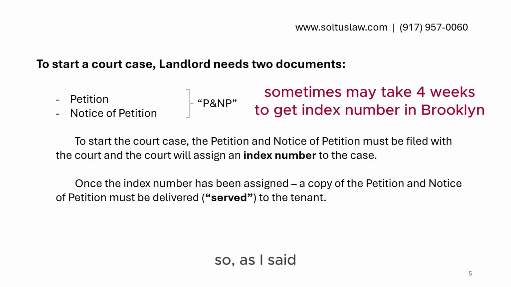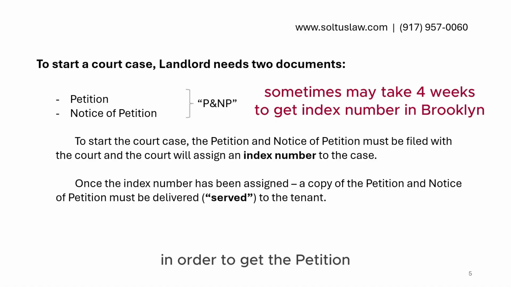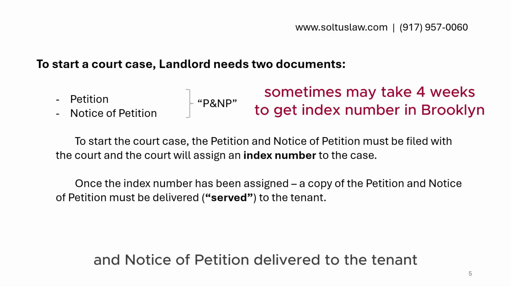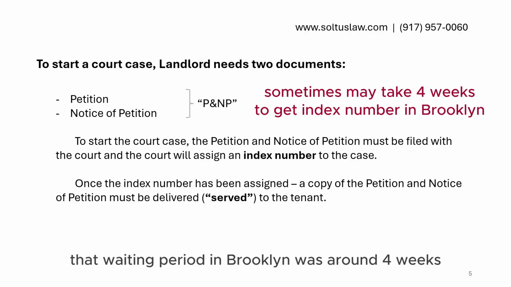As I said, the landlord must wait until the index number is issued in order to get a copy of the petition and notice of petition delivered to the tenant. So sometimes that waiting period in Brooklyn was around 4 weeks.